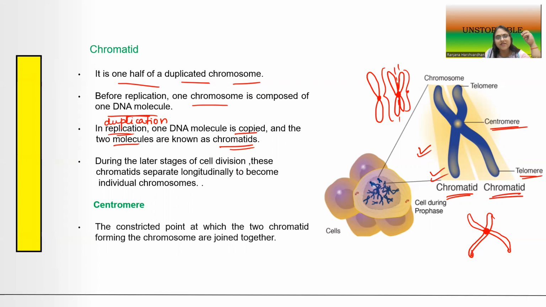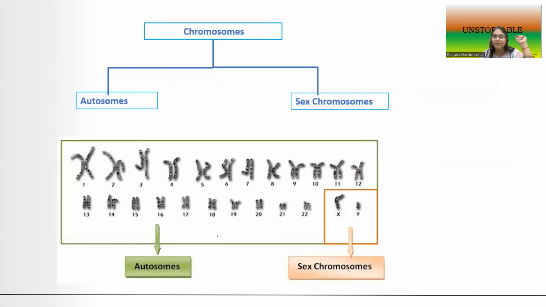During the later stages of cell division, these chromatids separate longitudinally to become individual chromosomes, so that we'll see later on. And what is the centromere? We already know it is the constricted point at which the two chromatids forming the chromosome are joined together. Now, a little bit more clarity on chromosomes.